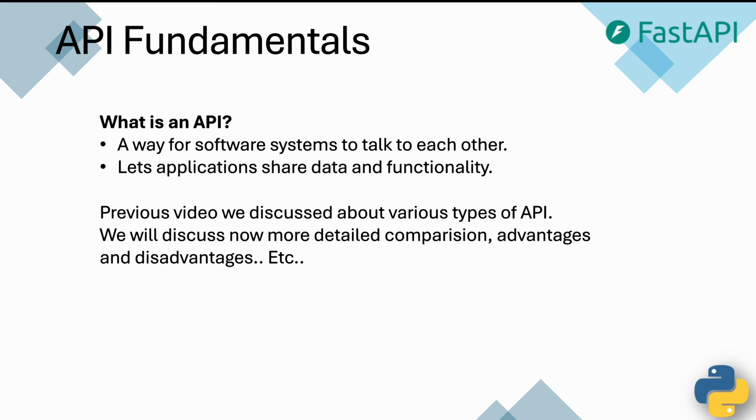What is an API? A way for software systems to talk to each other. It lets applications share data and functionality. In the previous video we discussed various types of API. We will now discuss a more detailed comparison, advantages and disadvantages, etc.